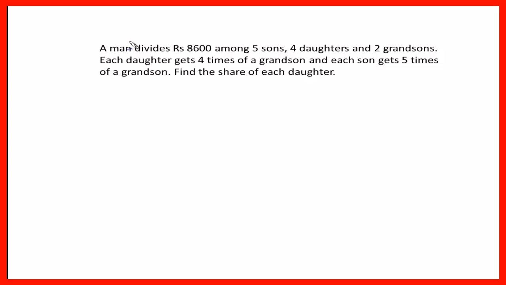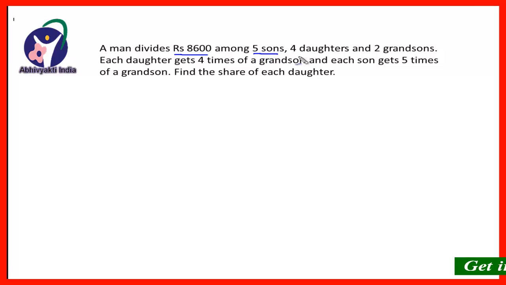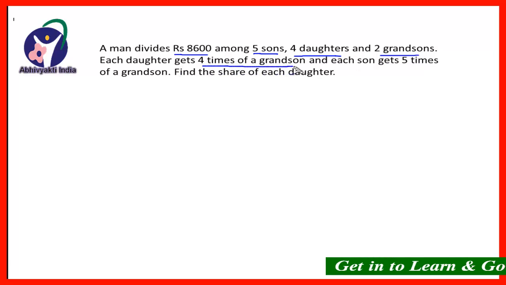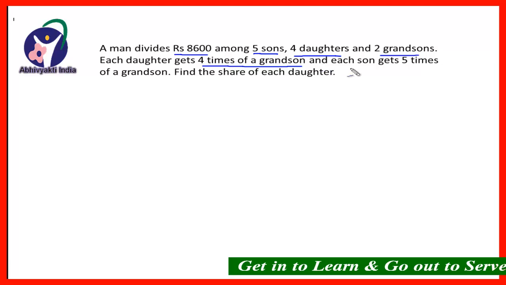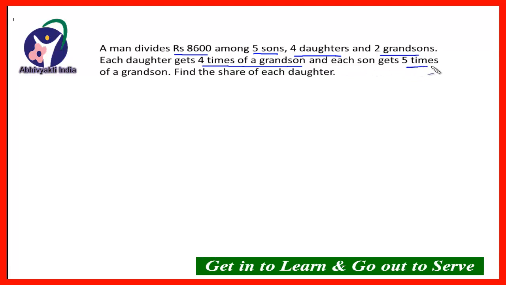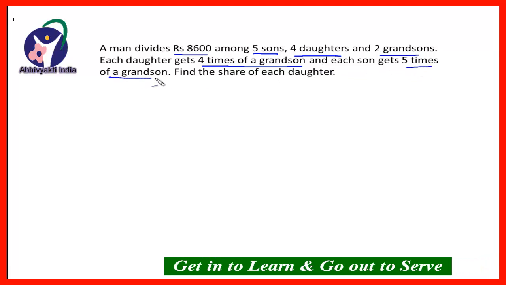The first question is, a man divides rupees 8,600 among 5 sons, 4 daughters and 2 grandsons. Each daughter gets 4 times that of a grandson, and each son gets 5 times that of a grandson.